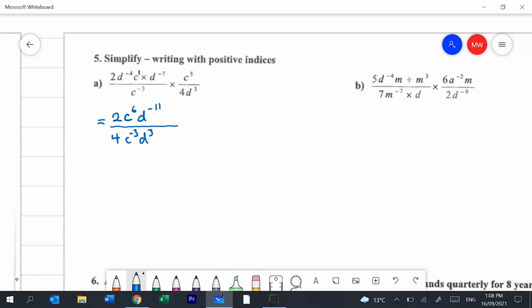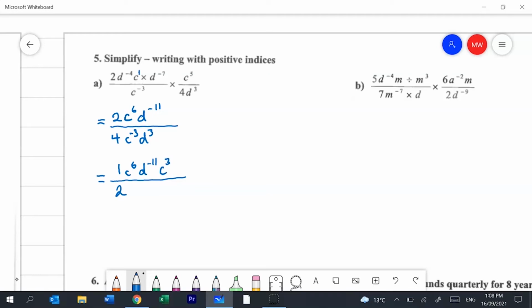And then what I do in the next move is I move everything up into one line. I don't move numbers though. Don't ever move numbers. Just simplify your fraction and everything stays as it is after that. So I've got C to the 6 up here. I've got D to the minus 11. And then remember, when I bring up that C to the minus 3, it becomes C to the positive 3.